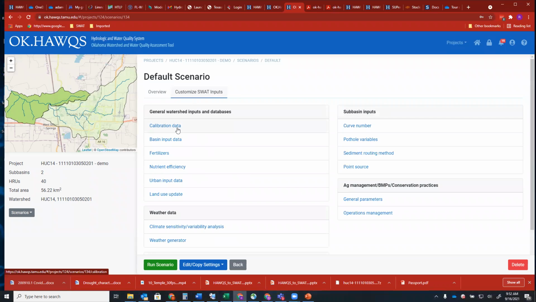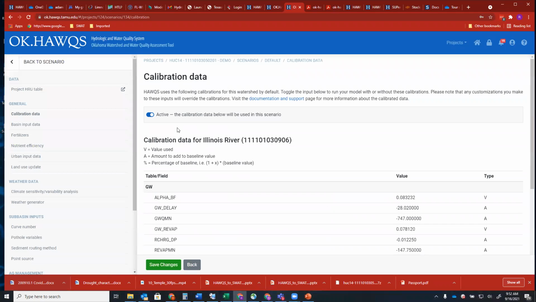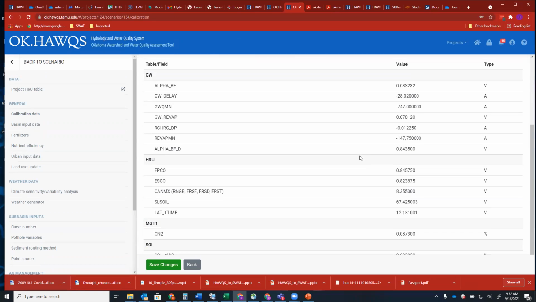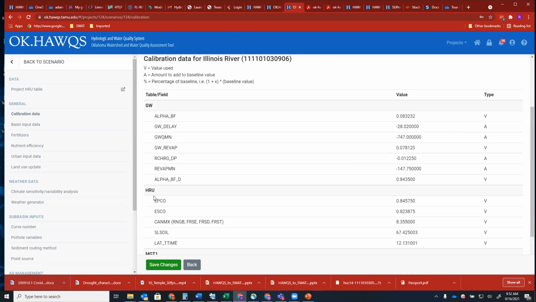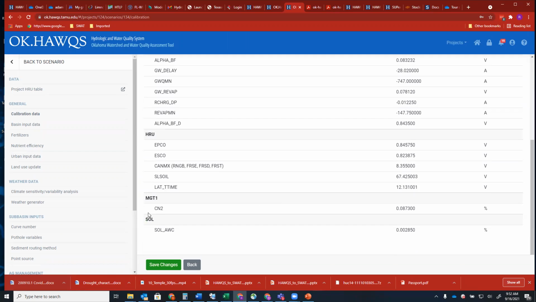You can customize your calibration data set. If this particular watershed is calibrated based on the calibration that I talked about before, you will see this button showing it's active, and it shows you each of the parameters that was modified to calibrate your model, on groundwater table, HRU table, management input, and so on and so forth.